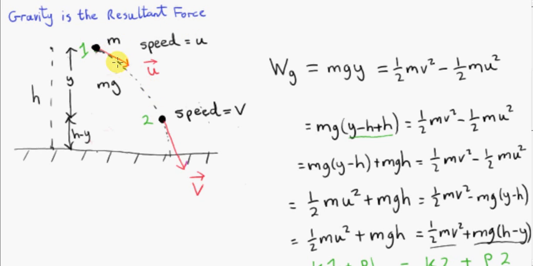As I said before, to prove this, we would have to consider the work done over tiny increments of this path and sum all those works from this position to this position here. So it's an integration problem that's beyond this course. For example, to get the work done when the particle is here, as it moves over this tiny short distance, we would need to take the force on the particle.